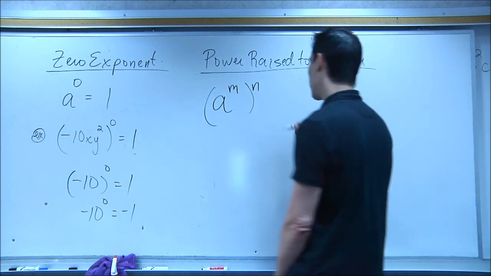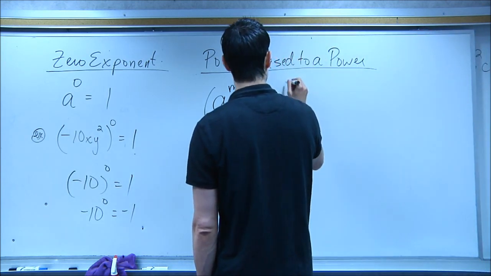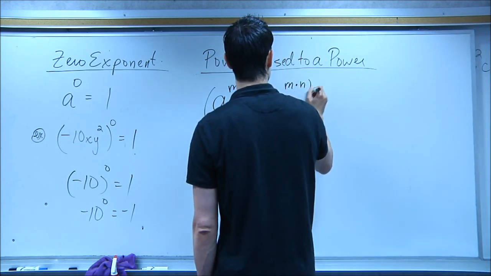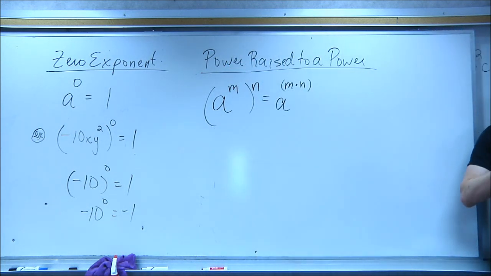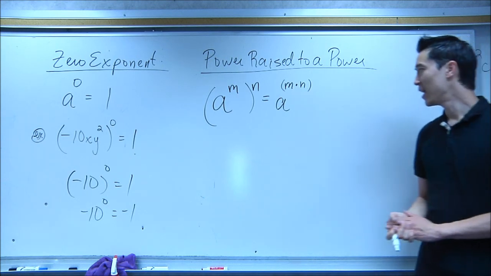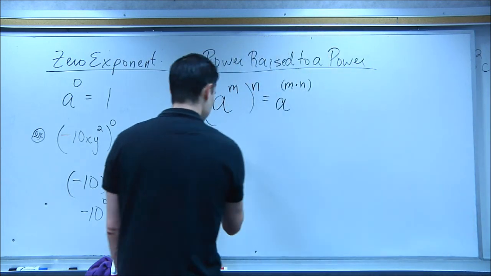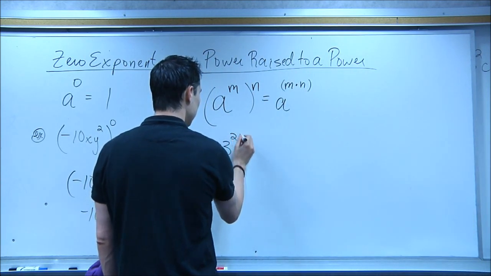It's really important that you guys know when to do what. Only when you have a power raised to a power is the only time you ever multiply exponents. Let's take a look at our first example, and let's see why this is the case.